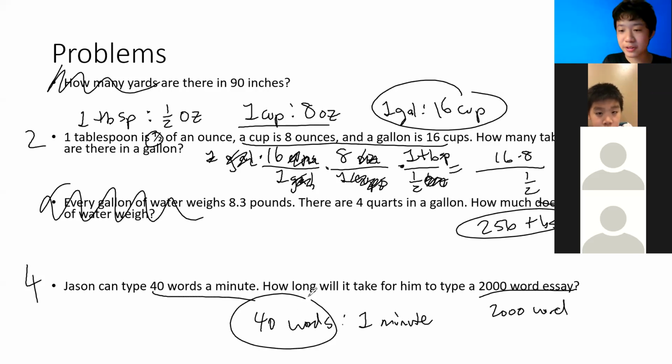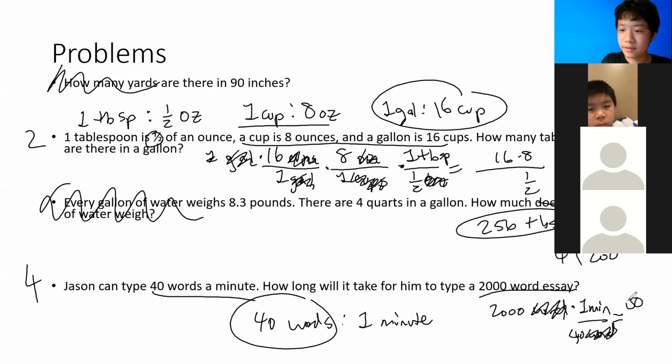We put 40 words in the denominator, right, 1 minute per 40 words. The word is going to cancel. So we have 2,000 over 40 minutes. So that's going to be 200 over 4. 50 minutes.